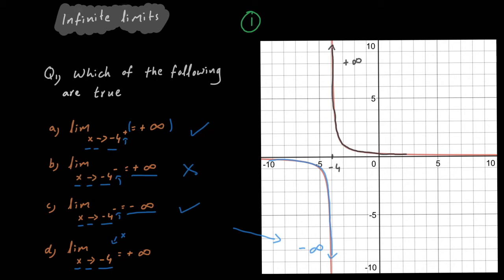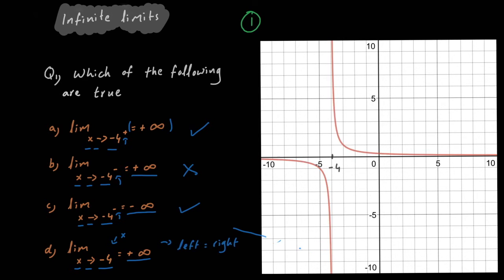And part D, limit as x approaches negative 4. Now here there is no sign, so it is asking us for the overall limit reaching positive infinity. For the overall limit, if you remember, we established that the left sided limit should be equal to the right sided limit.